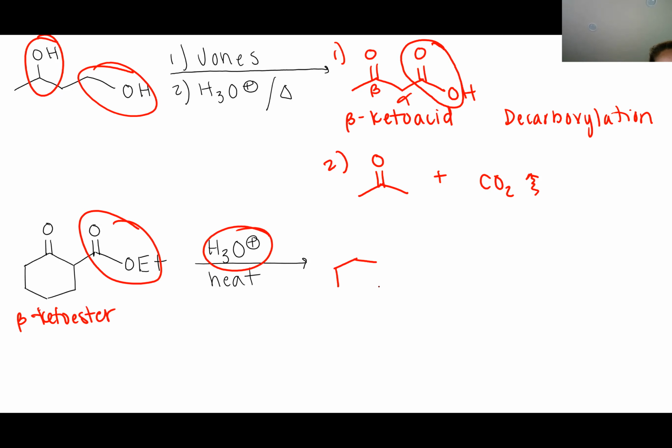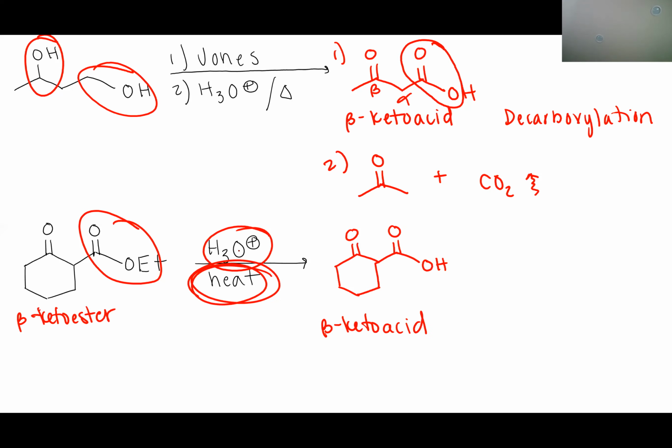It's going to hydrolyze. So we end up with the carboxylic acid. And then we're in the same place that we were a second ago. We have a beta keto acid. The heat is going to cause it to decarboxylate.